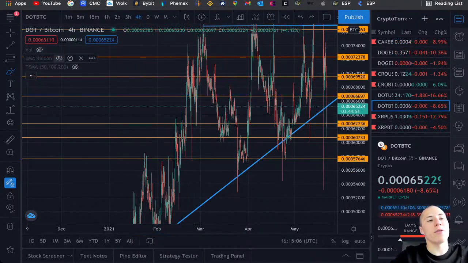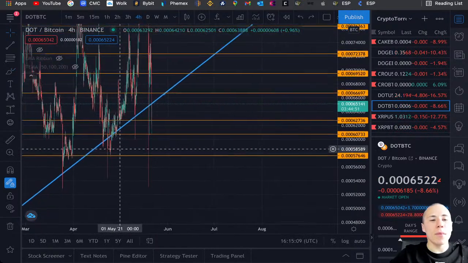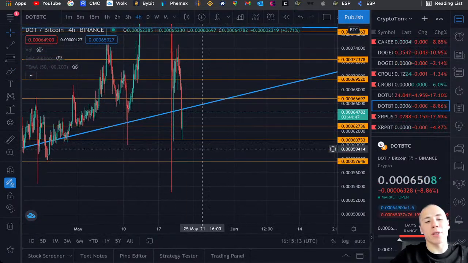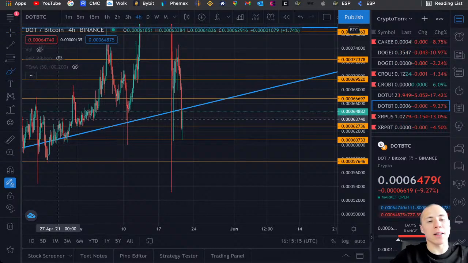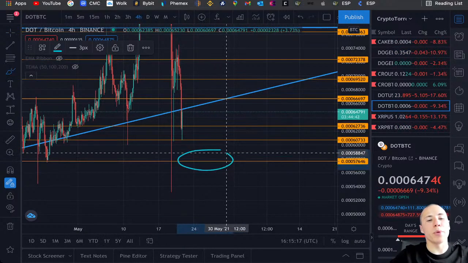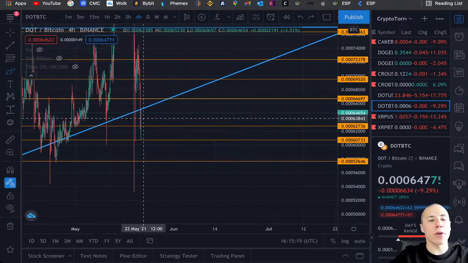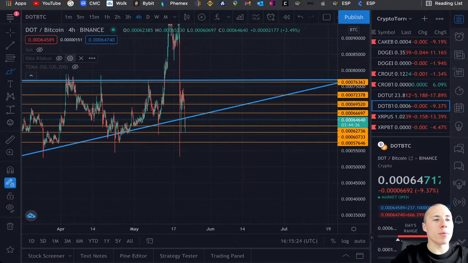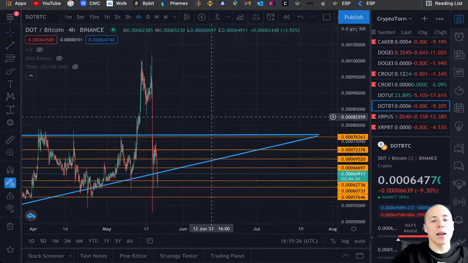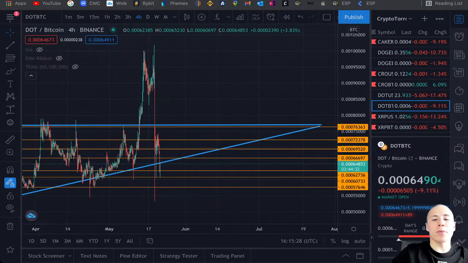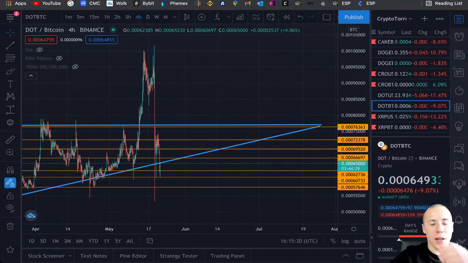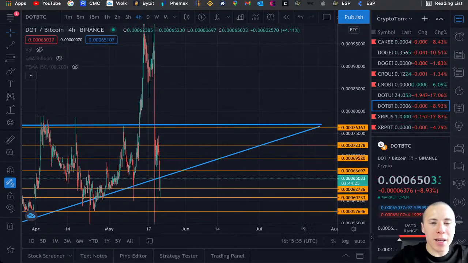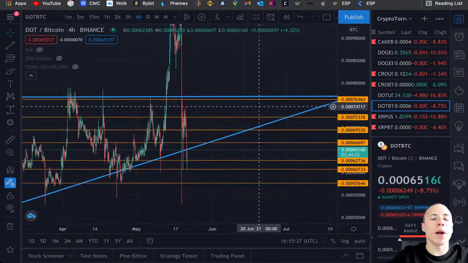So I think this is a very important level of support and resistance, and that this level will hold as support if Polkadot breaks even further towards the downside, something I'm personally not waiting for, but if it happens, we will have to take an even closer look at Polkadot.